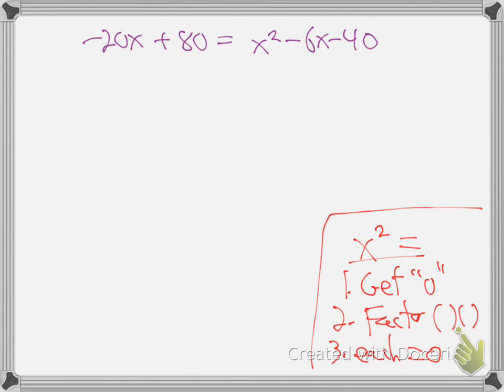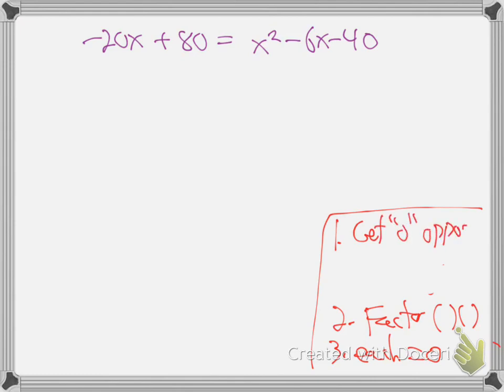Now, when I say get a 0, I would get 0 on the opposite side. Let me write that a little more clearly, because it kind of matters. Get a 0 on the opposite side of x squared.